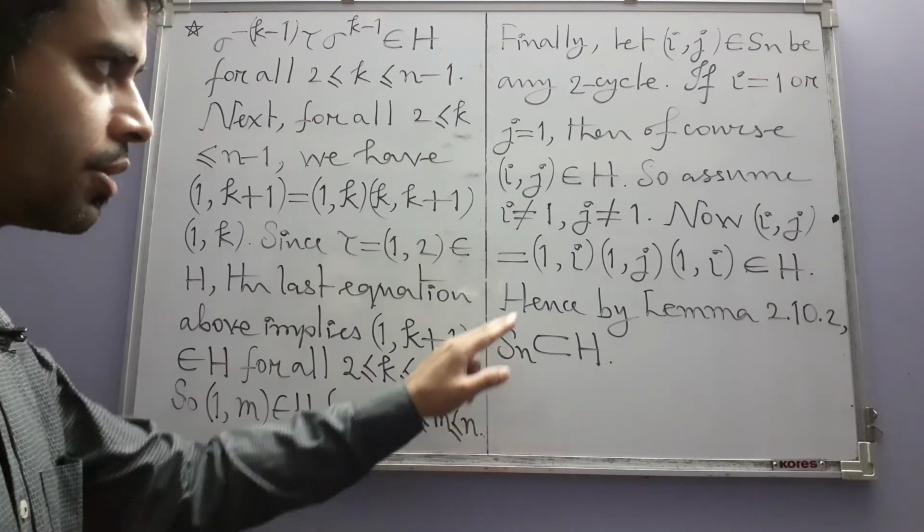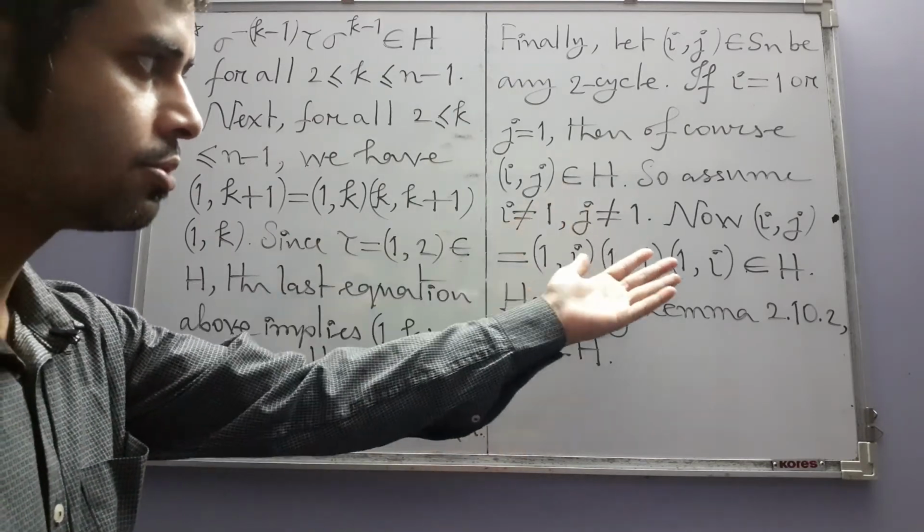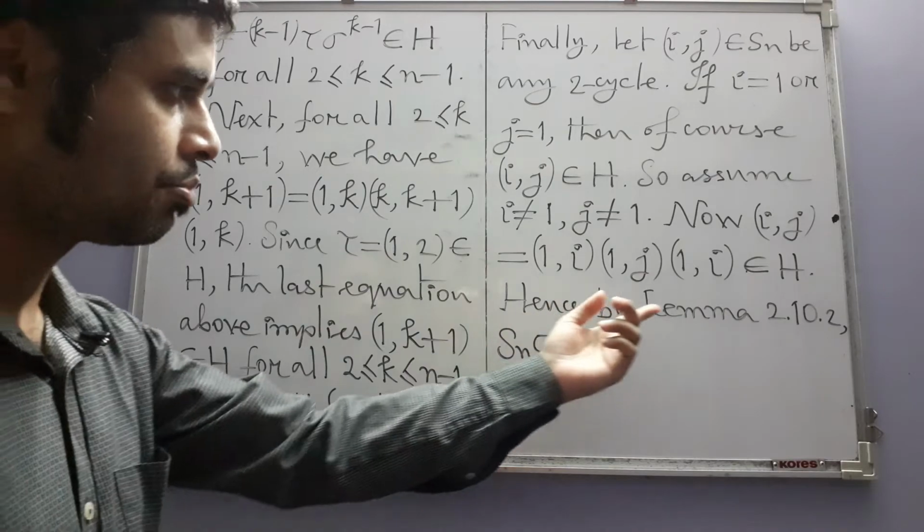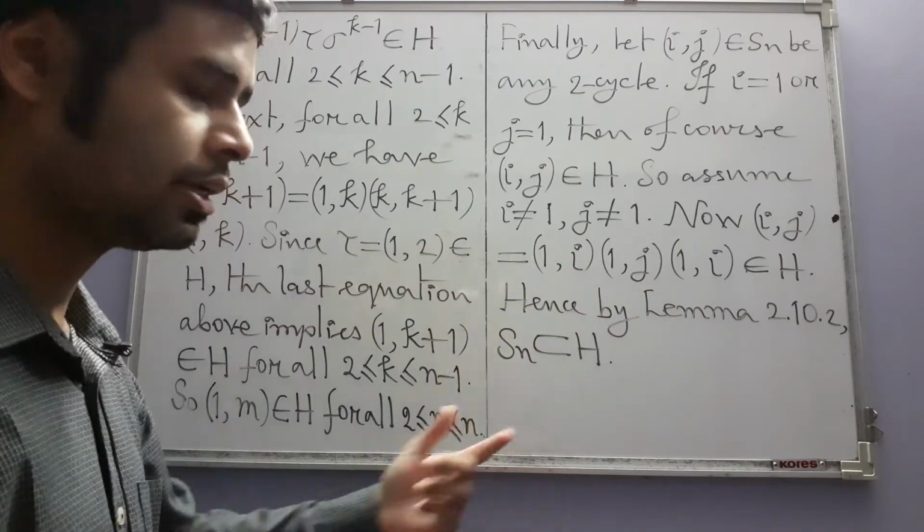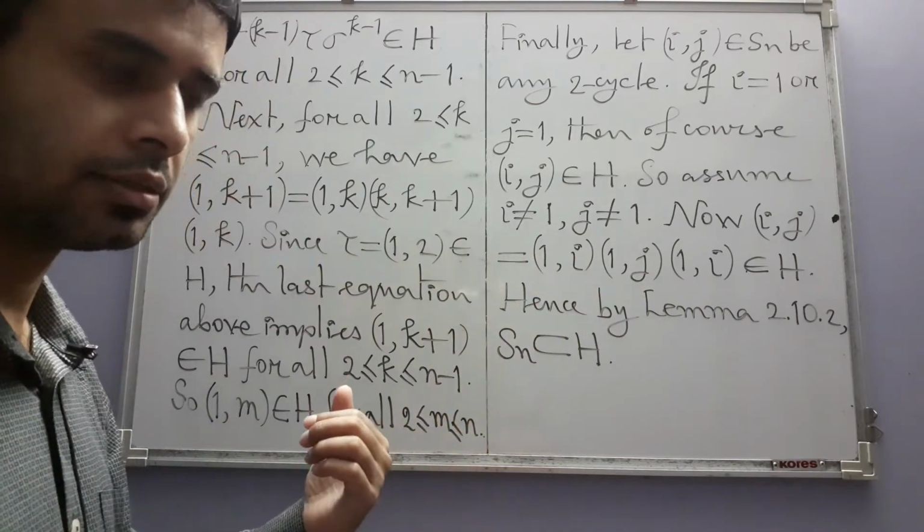This is happening because we have just now proved that any 2 cycle is in H, and by this lemma we know that any element in Sn is a product of 2 cycles.